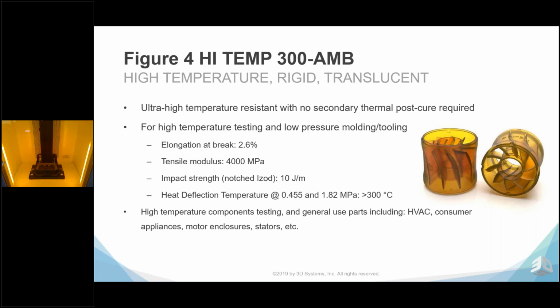We also have, in the same machine, you could change out the material and then go to a completely different material if you're going for high temperature. If you look at the heat deflection temperature, we're at 300 degrees Celsius, and that's very high. So if you have applications that need high heat, you can look at this material.